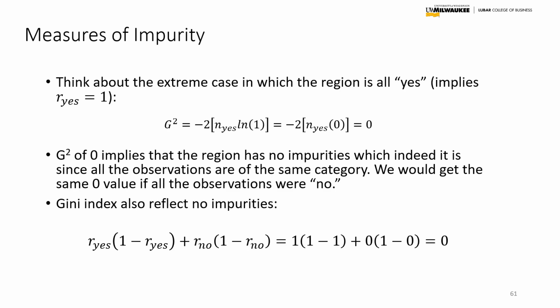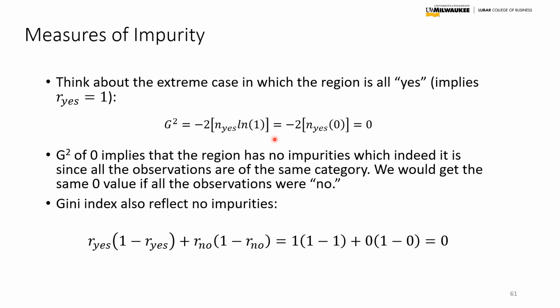Let's consider the extreme case in which a region is absolutely pure. For example, having all yeses, which would imply the rate of yeses equals 1 or 100%. What would G squared give us? It would equal minus 2 times the number of yeses times the natural log of 1. There will be no second term because that would involve taking the log of 0, which we can't do. So that is put aside.